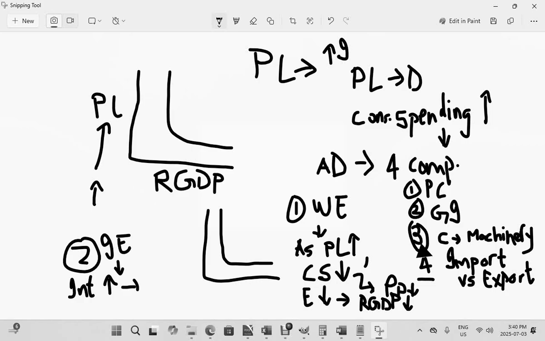So as interest rates go up, consumer spending goes down, and investment goes up. So borrowing goes down, but investment goes up.